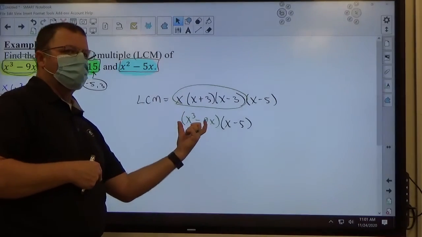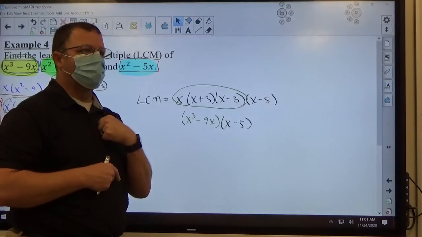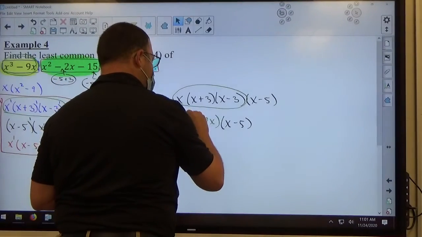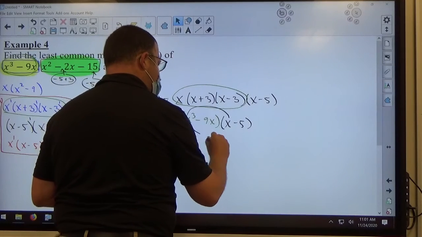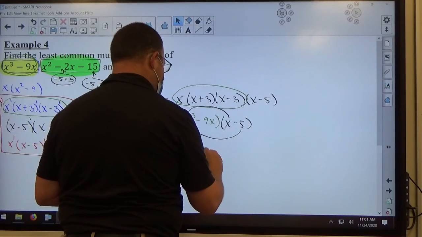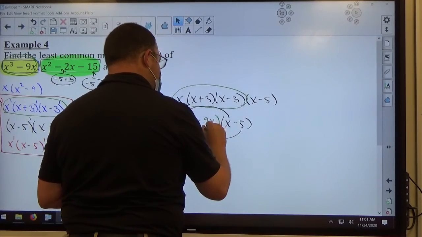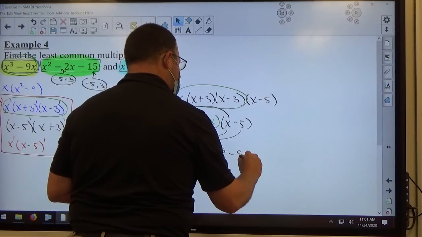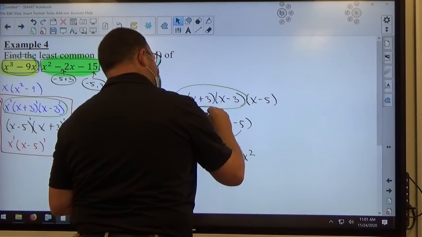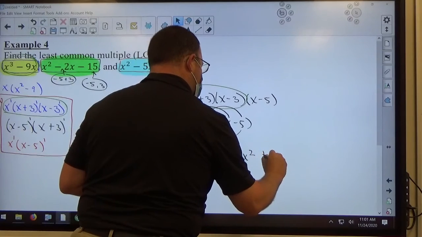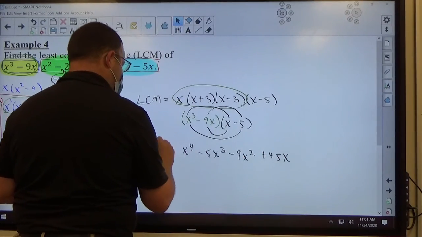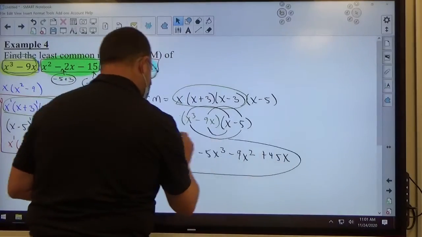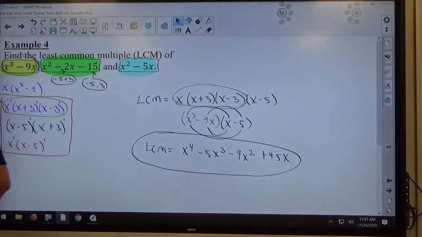This is a binomial structure being multiplied by a binomial structure, so just a little FOIL is going to work. X cubed times x makes x to the 4th. X cubed times negative 5 makes negative 5x cubed. Negative 9x times x makes negative 9x squared. And negative 9x times negative 5 makes positive 45x. There are no like terms in that expression, so that is the simplified final answer for the least common multiple of this expression.